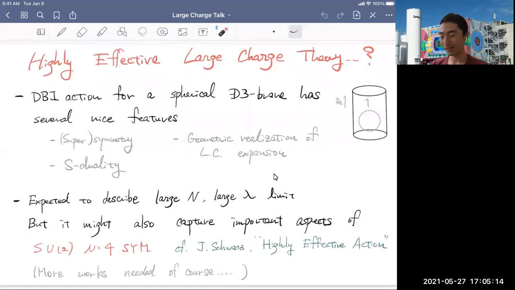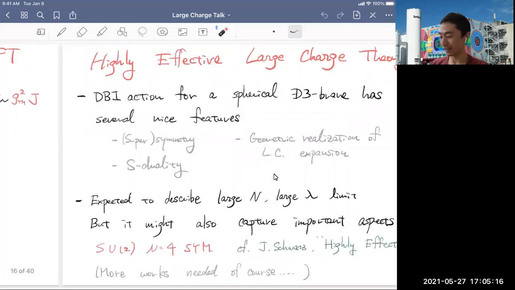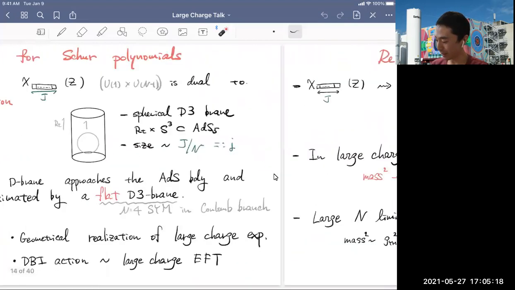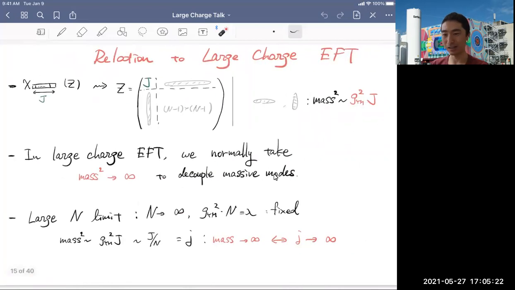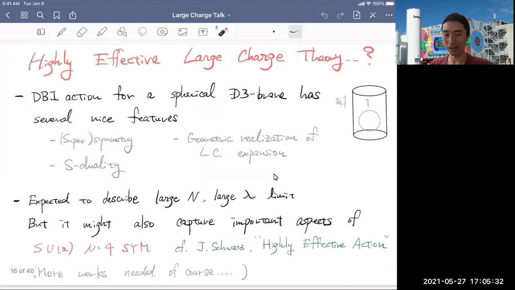So this is a bit curious, because the DBI action is supposed to describe the large N theory, but the problem of writing down the large charge EFT is identical to the problem of writing down the large charge EFT for SU(2) theory.